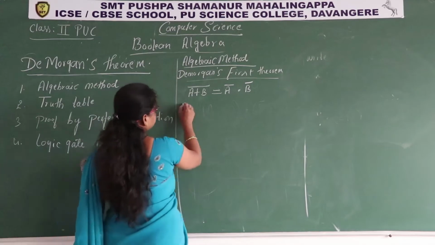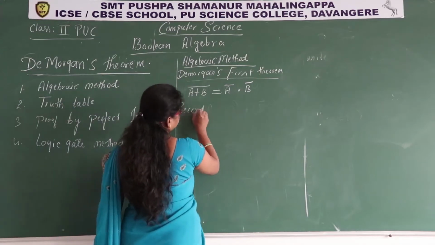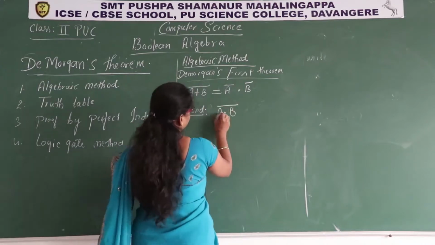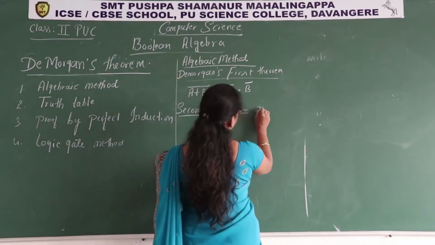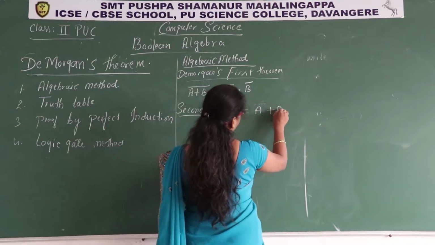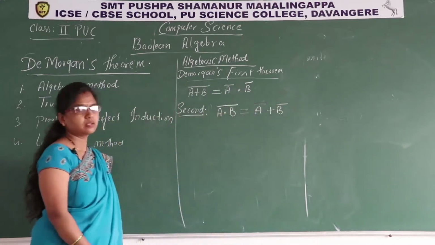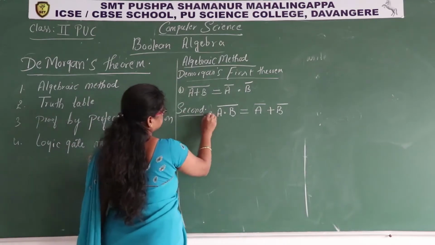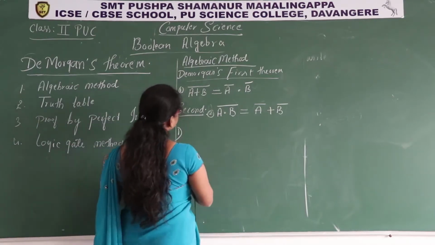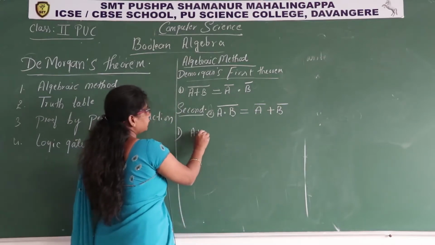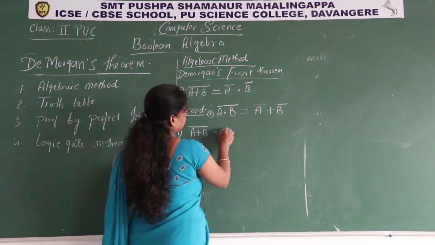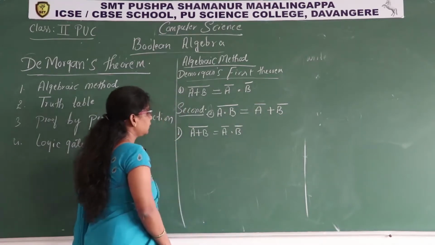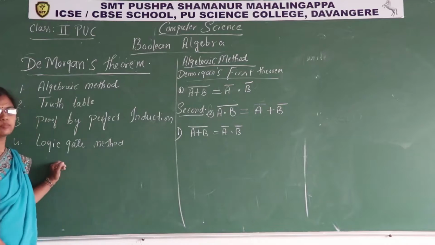And the second theorem: A dot B whole bar is equal to A bar plus B bar. Let us prove them one by one. First one: A plus B whole bar is equal to A bar dot B bar. Before going to prove this, let us recall the Boolean theorems.